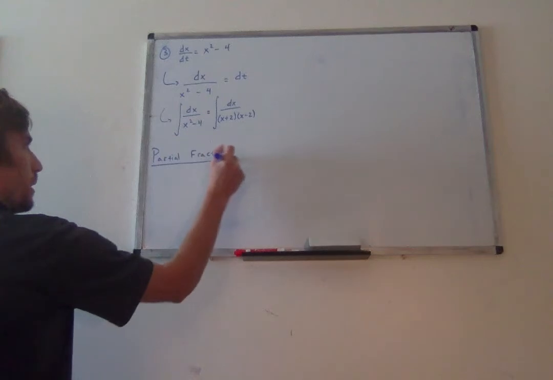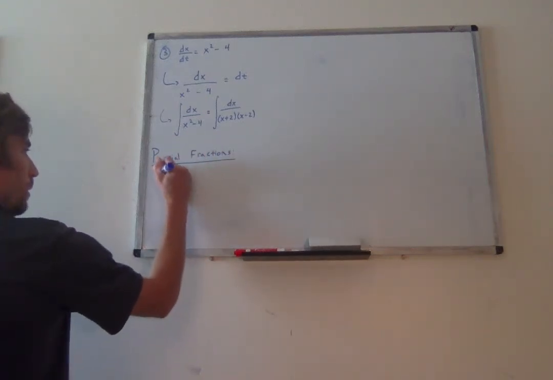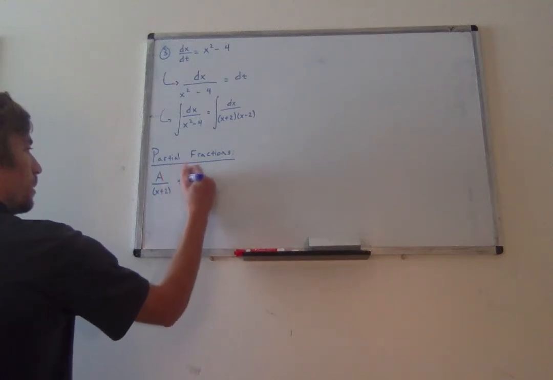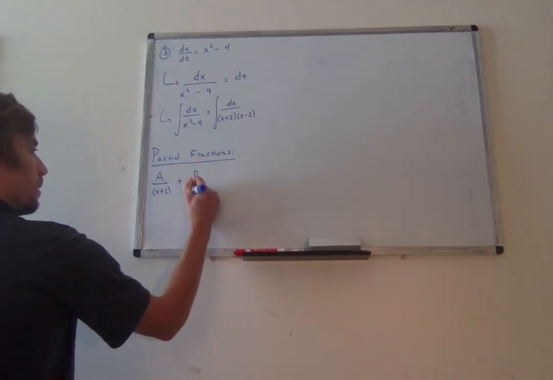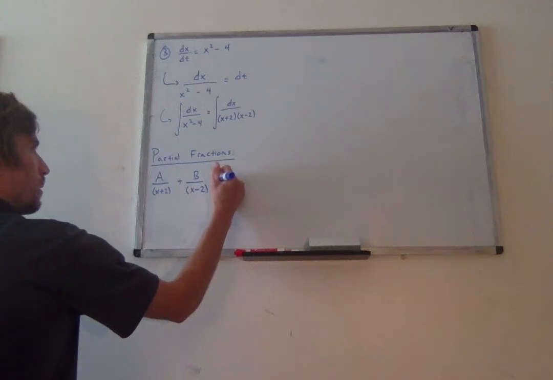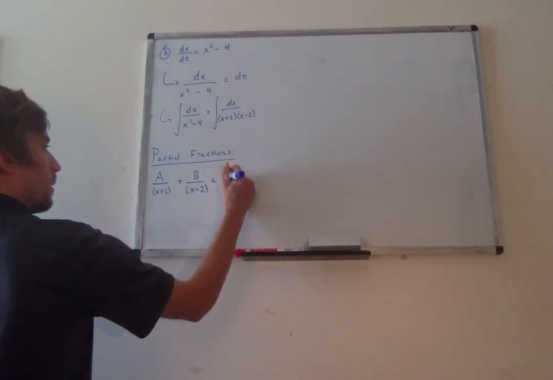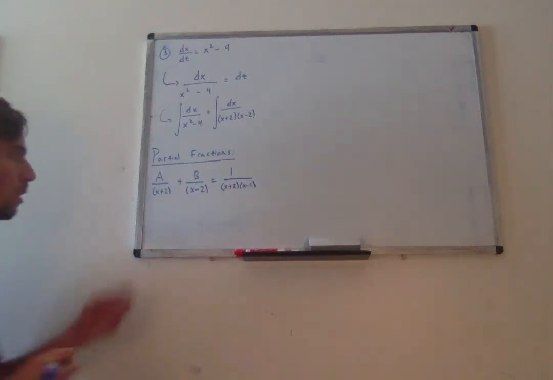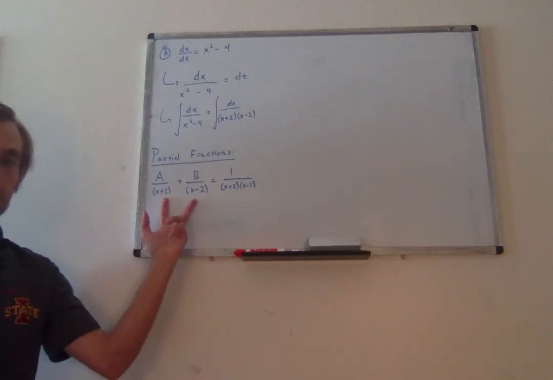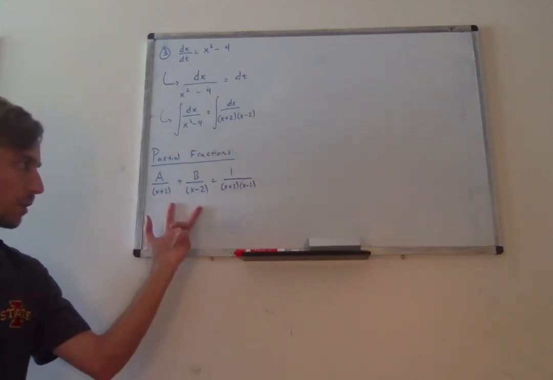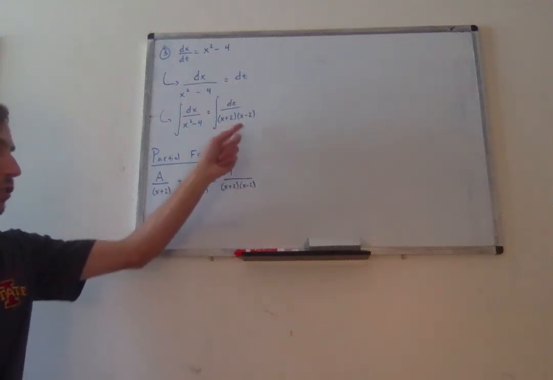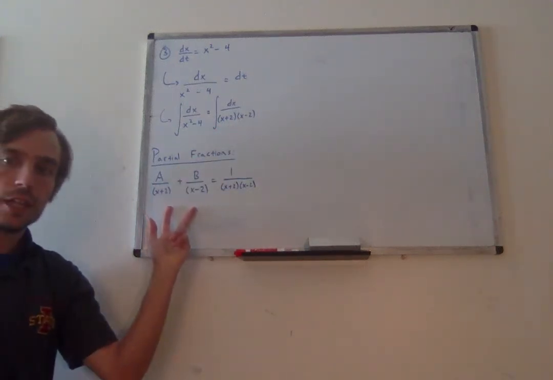So the method here is we're going to split up this denominator like so. If you'll recall, we're looking for two separate fractions whose sum is equal to the fraction that we're trying to integrate, because these will integrate very nicely.